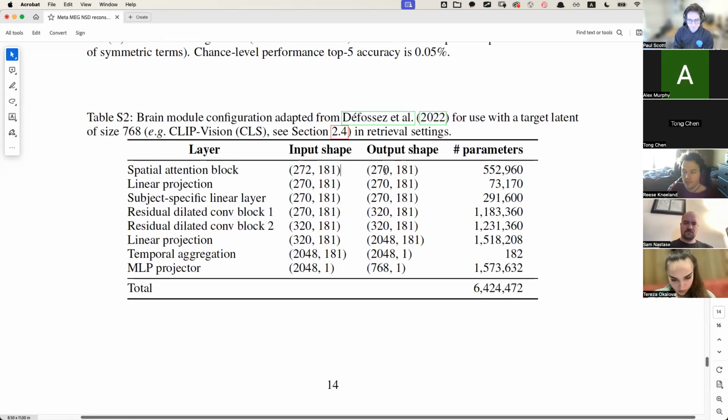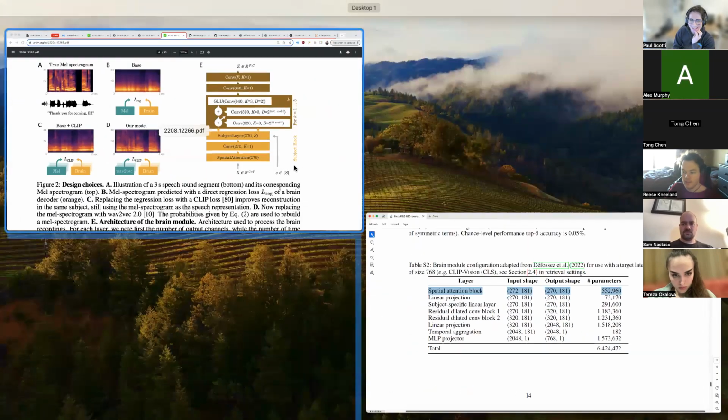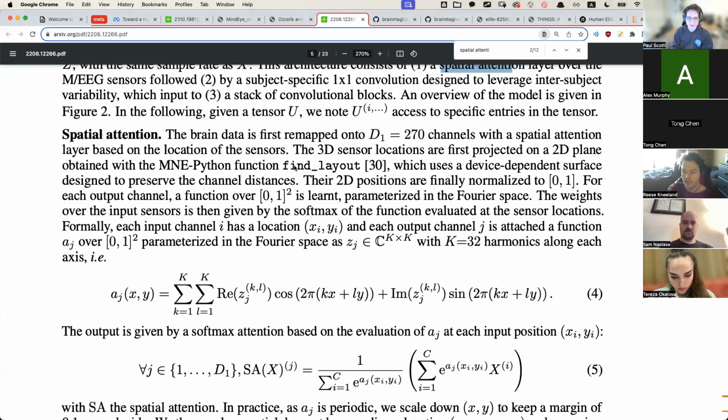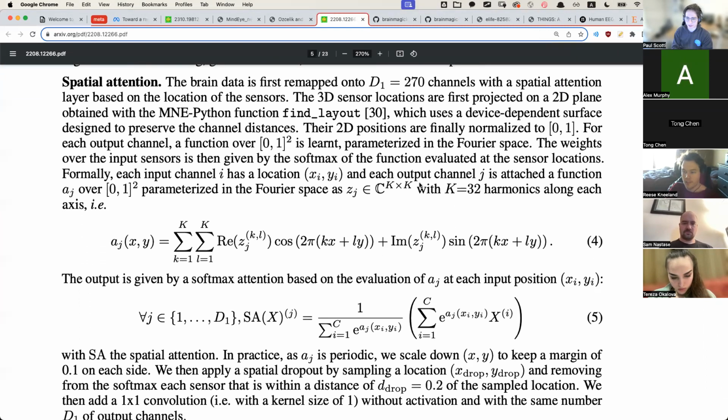It's something like that. And they do this spatial attention block. They don't discuss what that is in the reconstruction paper, but they talk about it in their older paper. They map their MEG channels to 3D sensor locations and project it onto a 2D plane.